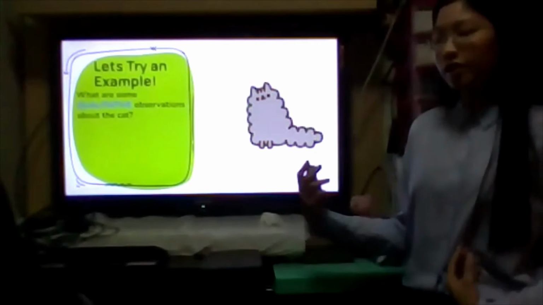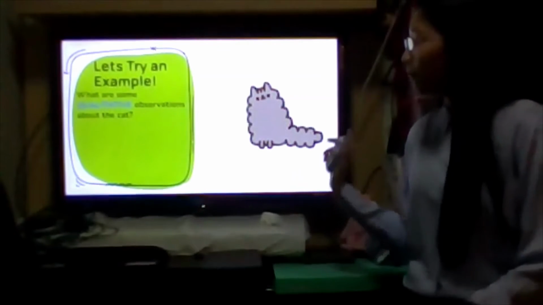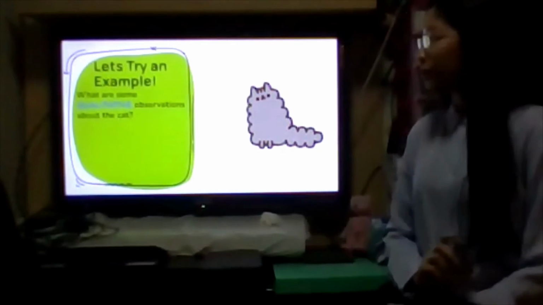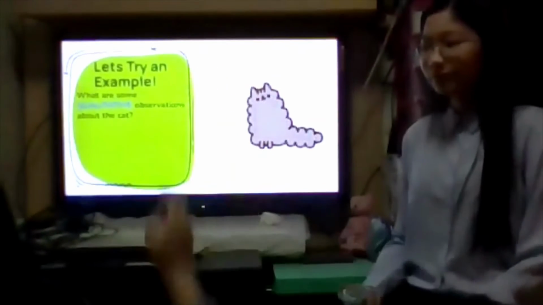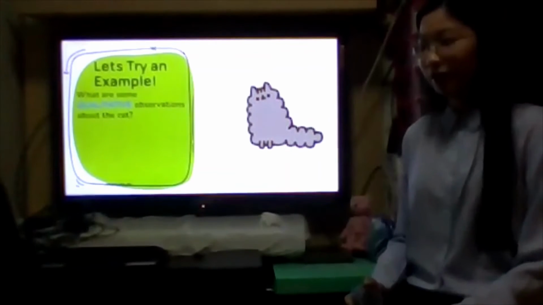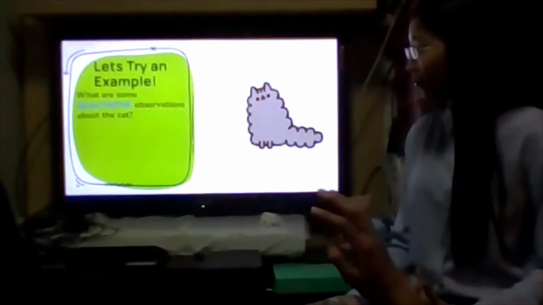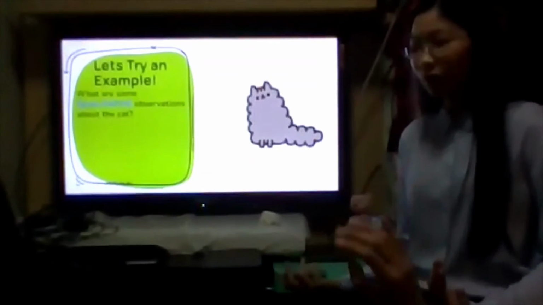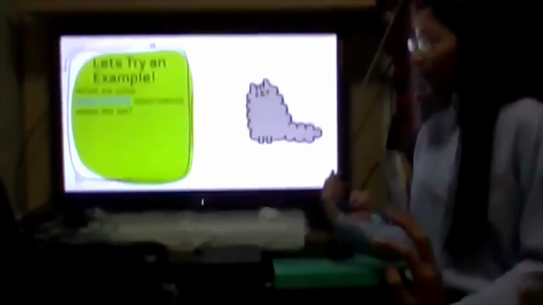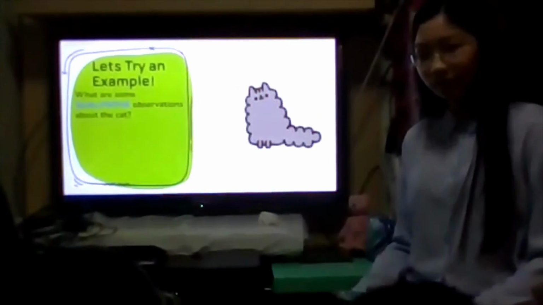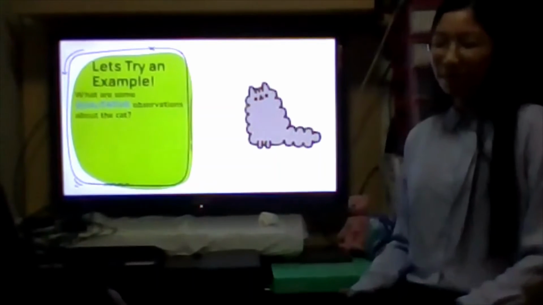So let's try an example. We have this cute little cat right here. What are some qualitative observations about the cat? Yes? It's gray. That's a good qualitative observation. We use the word gray to describe the cat. It has 2 legs? Not yet.